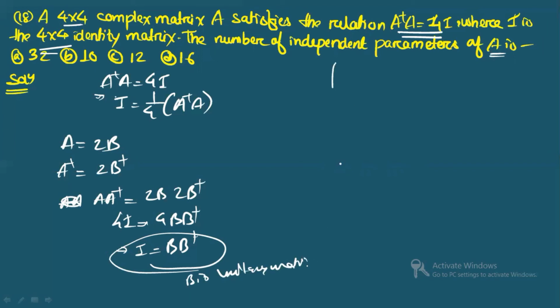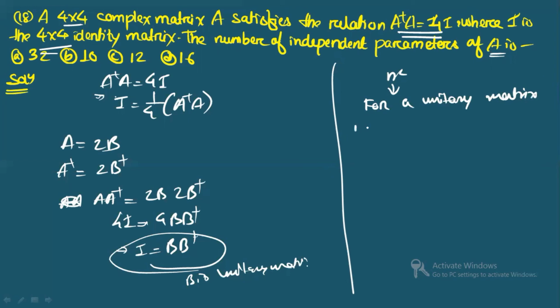And what you know for a unitary matrix, the number of real parameters for an n cross n matrix is what? N square. For a unitary matrix, the number of independent parameters is n square.